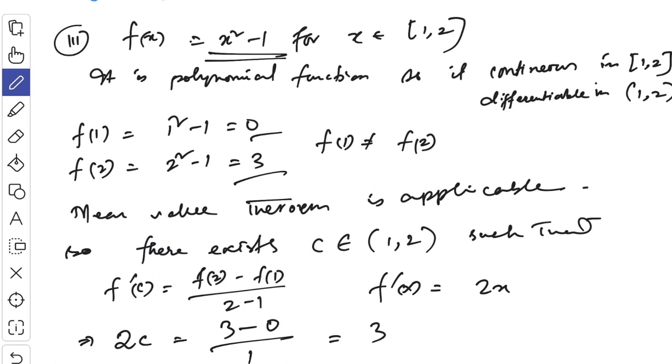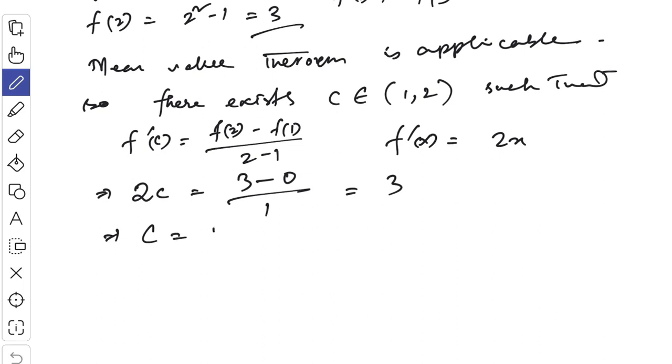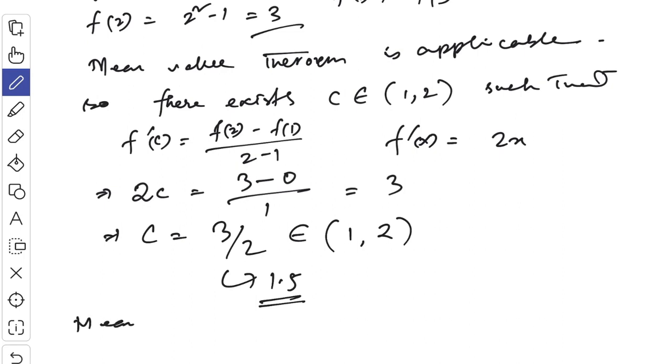So c will be equal to 3 by 2. That belongs to the open interval 1 to 2. So because 3 by 2 is 1.5, isn't it? So mean value theorem is verified.